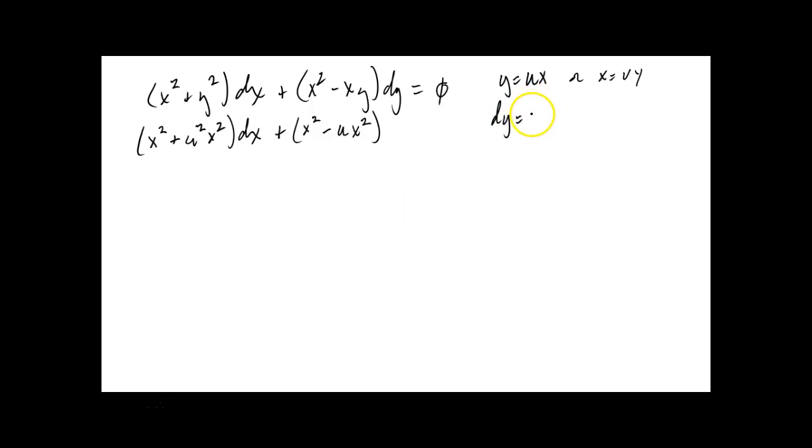What's that? u dx plus x du. Okay, so instead of dy, we'll put u dx plus x du, and that's equal to 0.